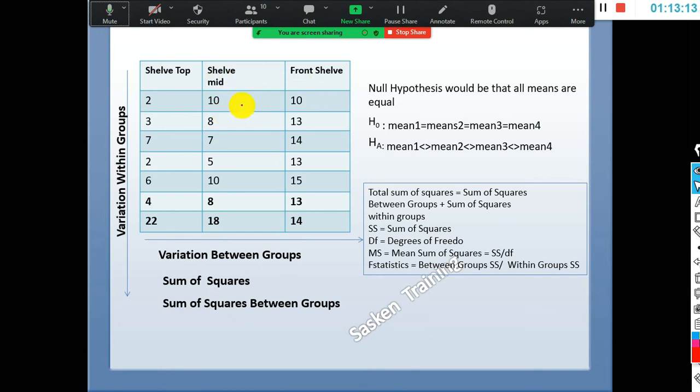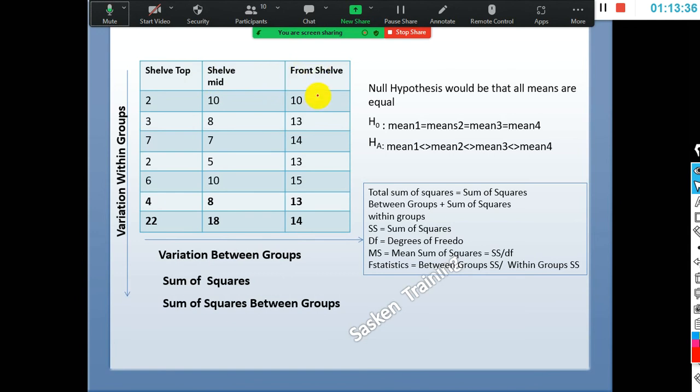What I want to find out is whether the amount spent by customers in all three locations is the same. I want to find out if the average amount spent by the customer is the same across all the groups.